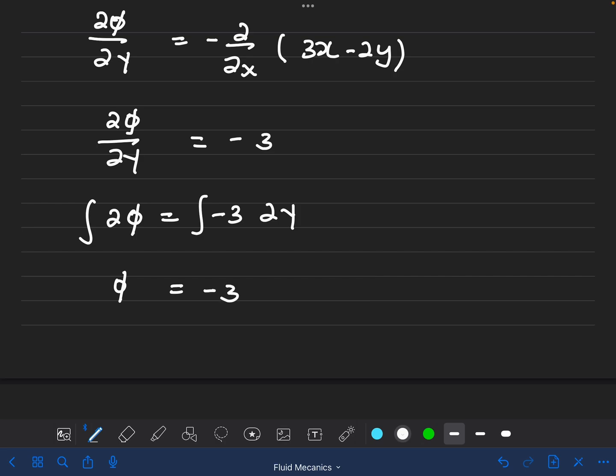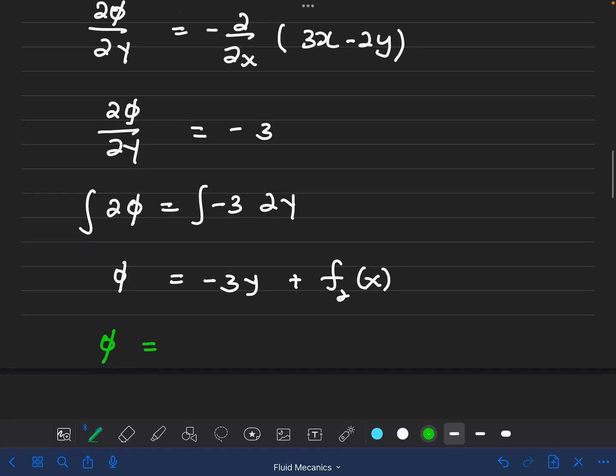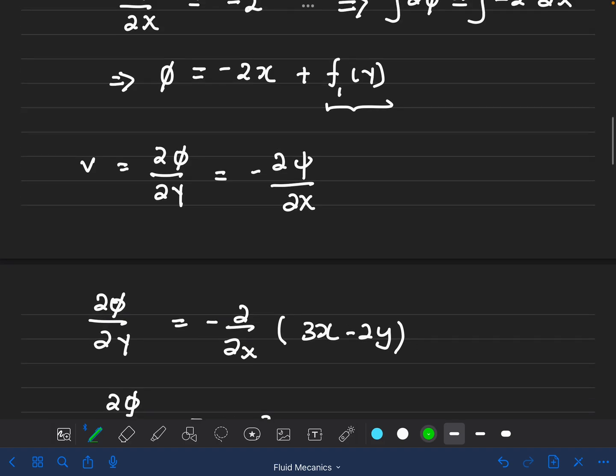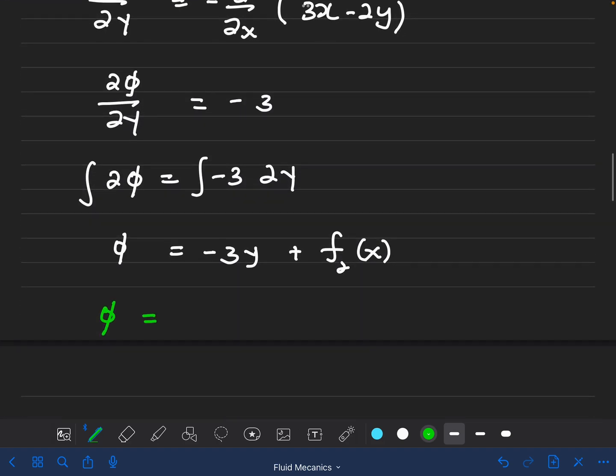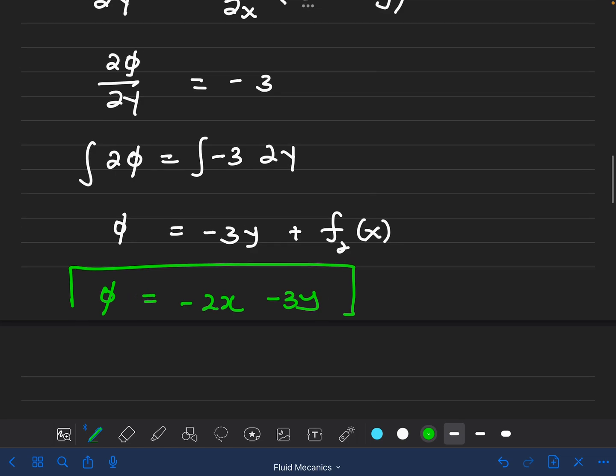This is going to be minus 3y plus a function in terms of x. So finally, our velocity potential equals, let's check, minus 2x minus 3y. So we have found our velocity potential over here.